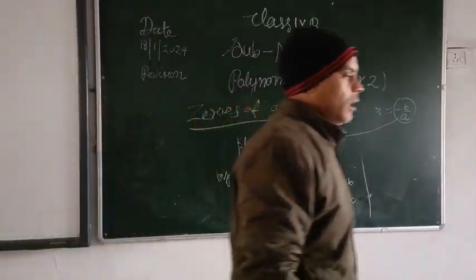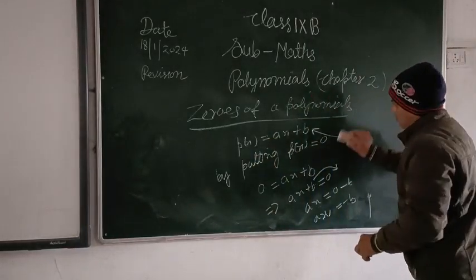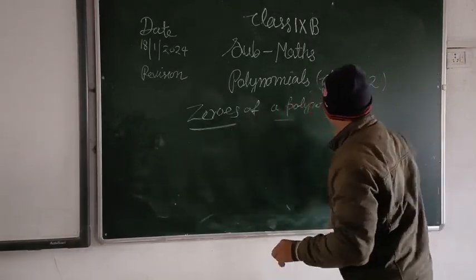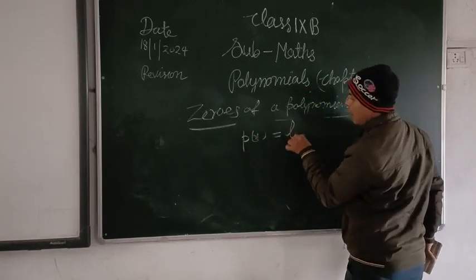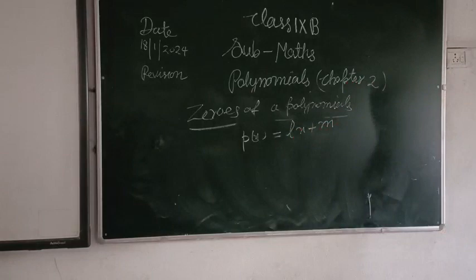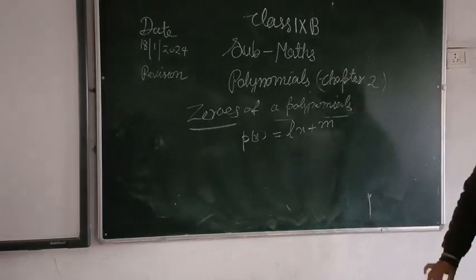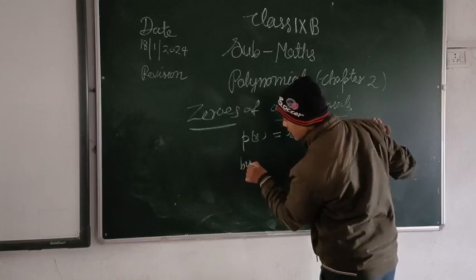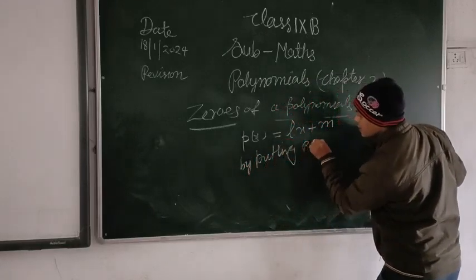Okay, so let us solve this by one example. We have to find the zeros of the polynomial p(x) equal to lx plus m. How are we going to find them? By putting p(x) equal to 0.